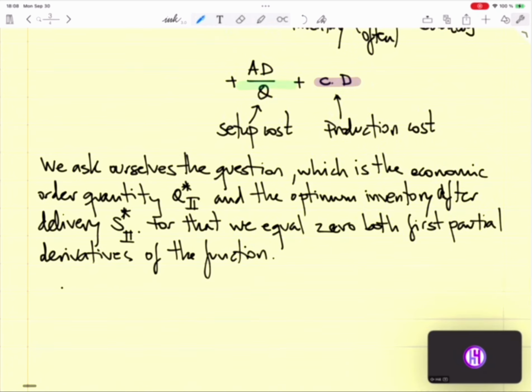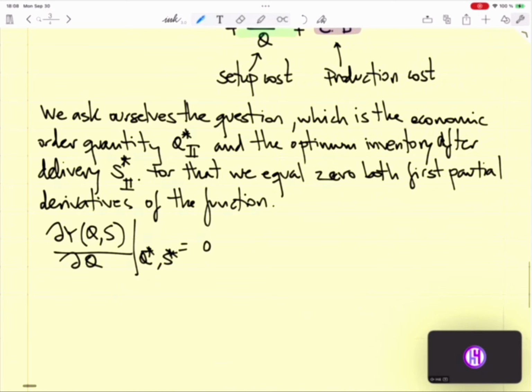We need to do a partial derivative of the function depending on two variables, and put them equal to 0. Okay.